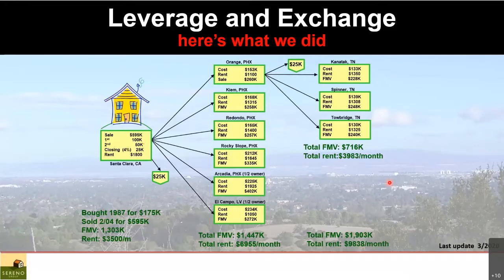Matter of fact, we now have a client who is also selling a house in Santa Clara, not very far from where we sold our property. They're going to bring it to the market. It's a 3-1, very similar to the house we sold here, and we're going to bring it to the market at roughly 1.3 to 1.35 million.